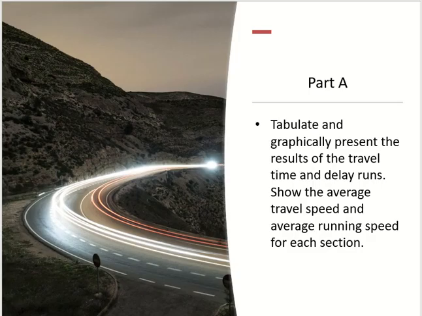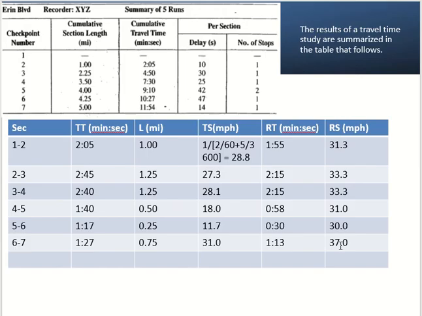This was the question. We did this part: travel speed and running speed for each section. But they are saying find out average travel speed and average running speed of each section. Is it average?